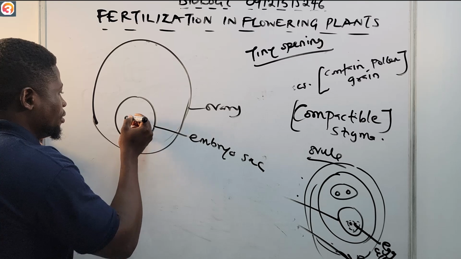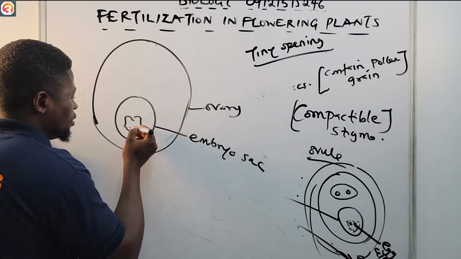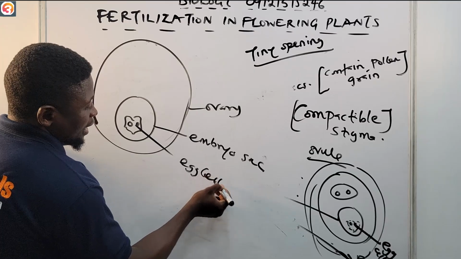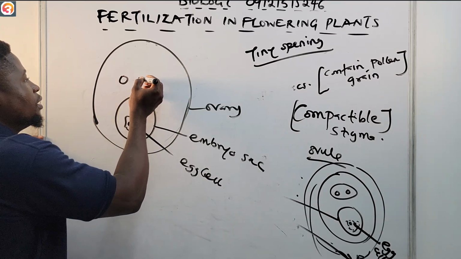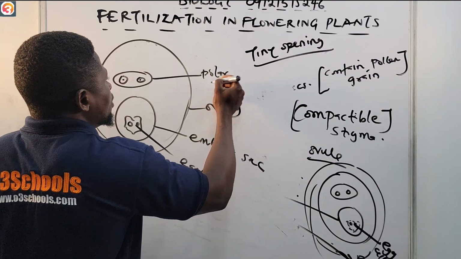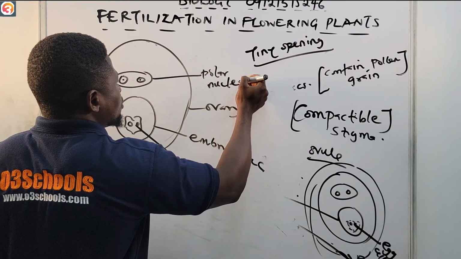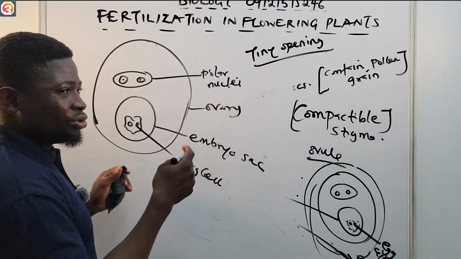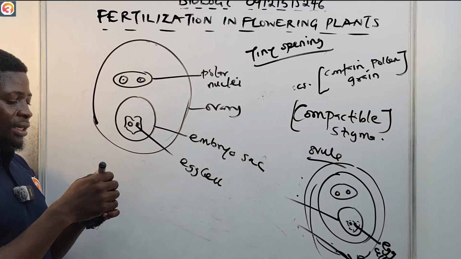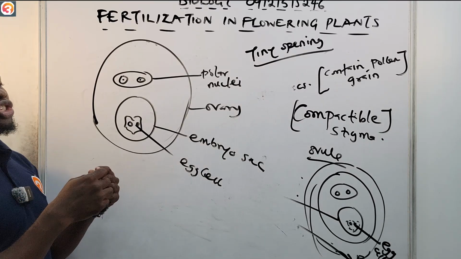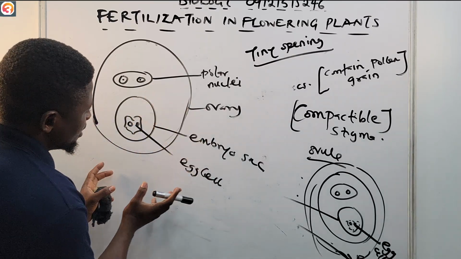Inside the embryo sac, we have the egg cell, and we also have something we call the polar nuclei. This is also called the central nuclei, also called the polar nucleus, also called the secondary nucleus. So you can call it secondary nuclei, polar nuclei, or central nuclei. All right, so this is basically what happens.